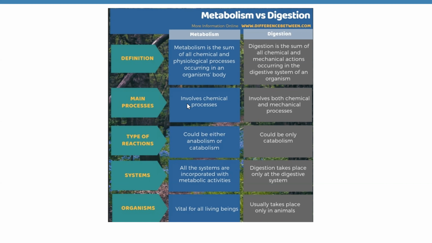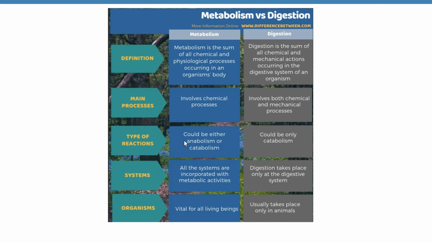Main processes: metabolism involves chemical processes, digestion involves both chemical and mechanical processes. And mechanical processes, for example, when you chew your food, then you mechanically break it down into smaller pieces.